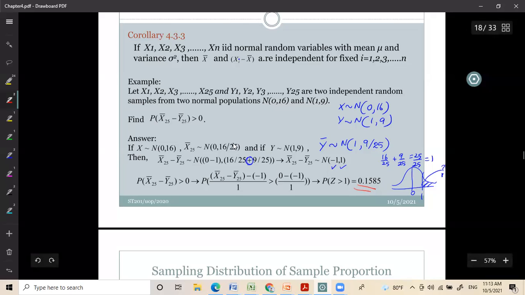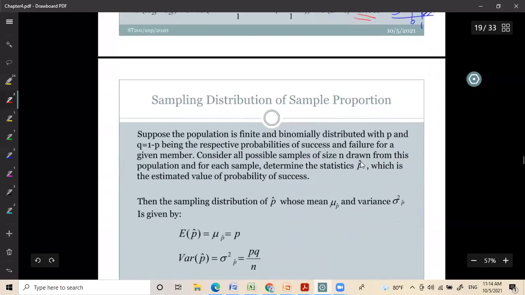So you use that information to find the density of X bar and Y bar. And then the subtraction, again, is from the independent normal distribution properties. You know how to find the new mean and the new variance of X bar minus Y bar. And then you standardize, read the Z table, and find the answer. Okay. Right.